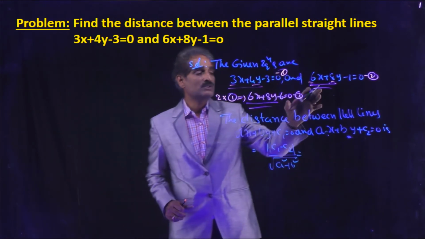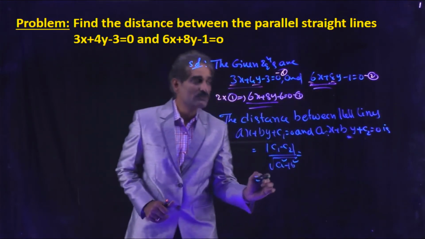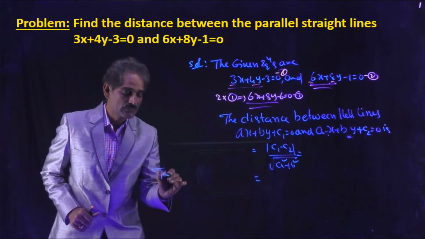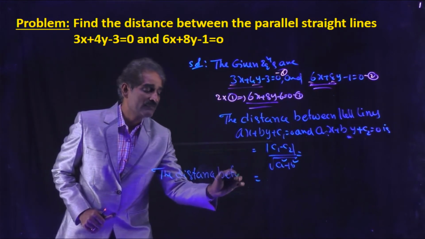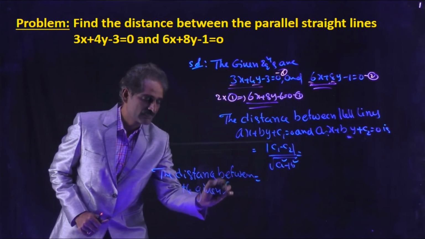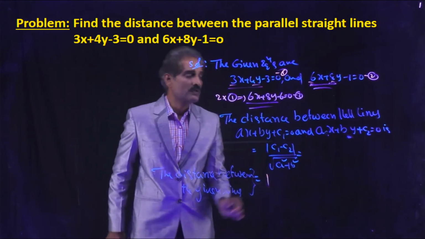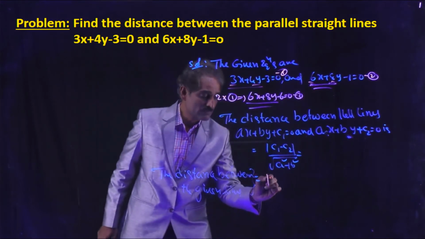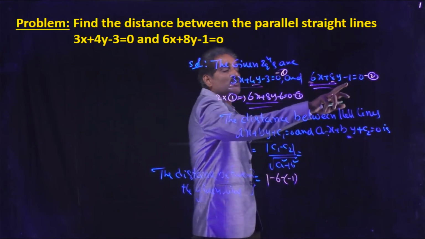Now apply this for equations 2 and 3. The distance between the given lines is equal to modulus of c1 minus c2, that means minus 6 minus of minus 1. c1 is minus 6, c2 is minus 1.